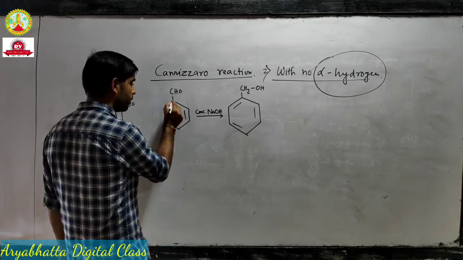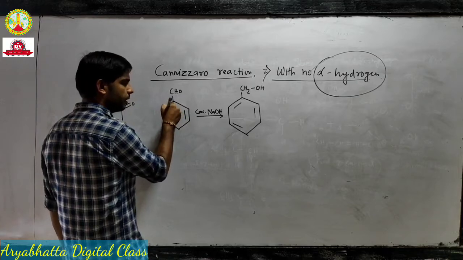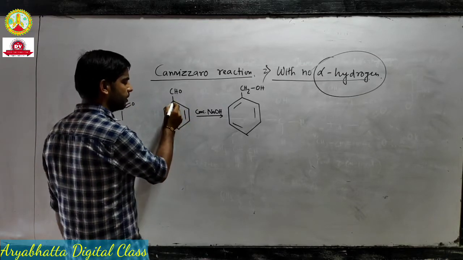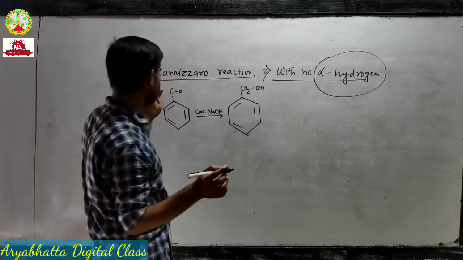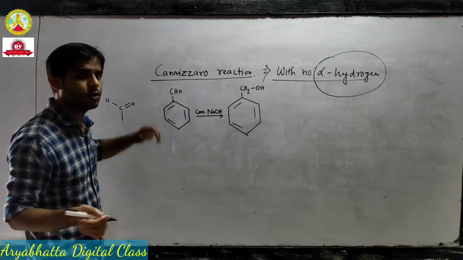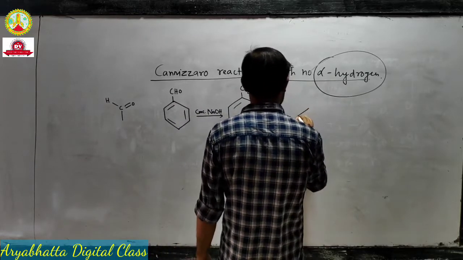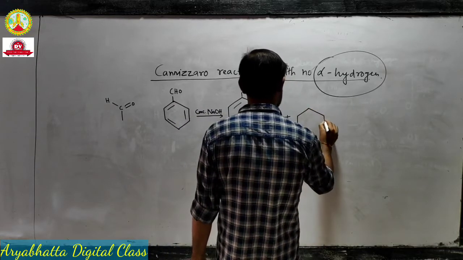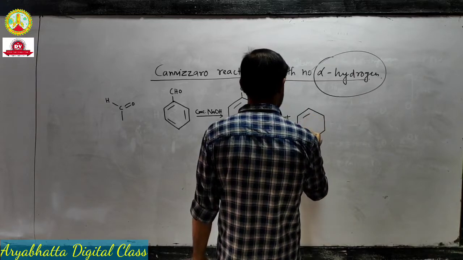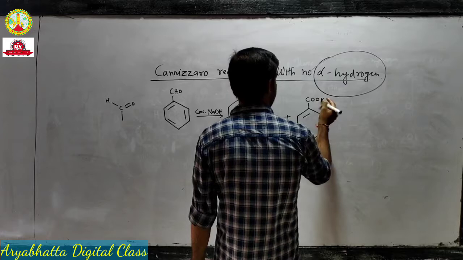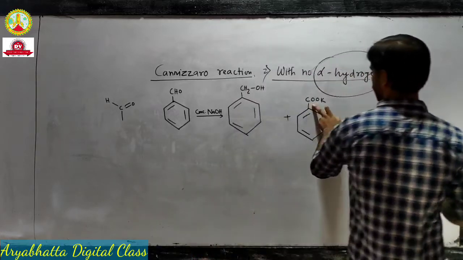Now see, this is the alpha carbon, and you can easily count the valency of carbon. This carbon has no hydrogen. That means on the alpha carbon there is no hydrogen, and one more product will be there, and that will be simply COONa.